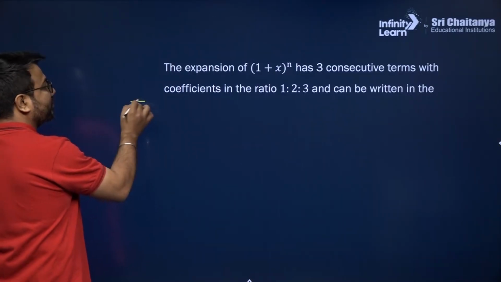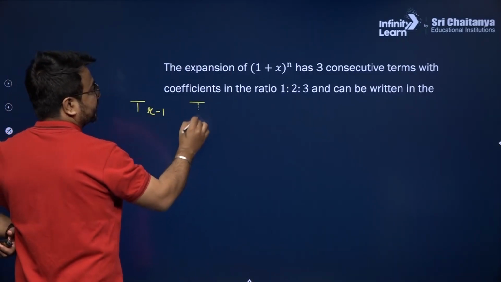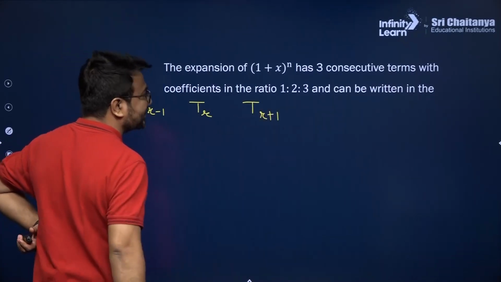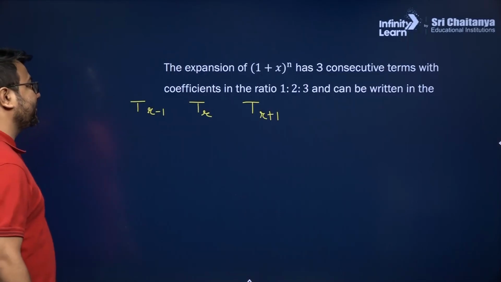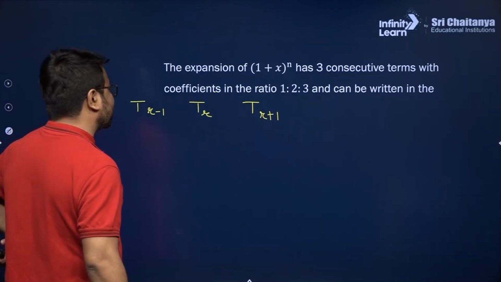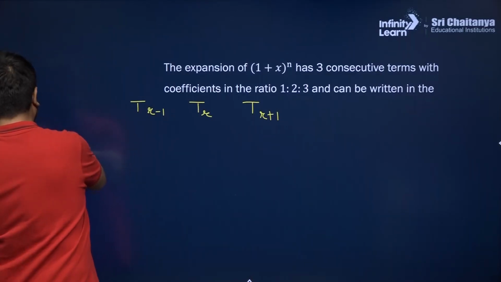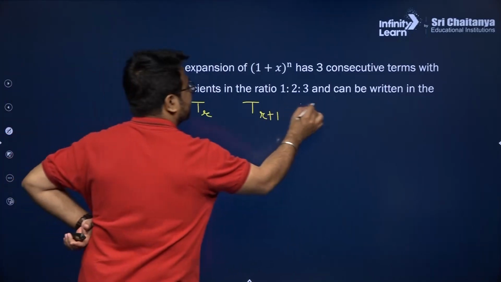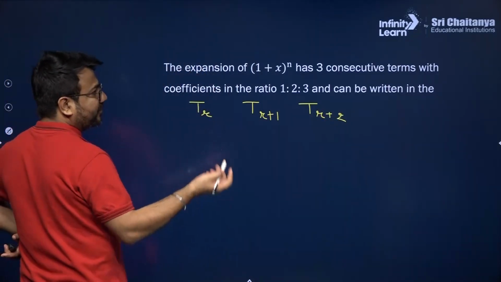So let us assume that the 3 consecutive terms are r minus 1, next is r, and the third one is r plus 1. These are the 3 consecutive terms. Now let us talk about their coefficients. Or I can also take tr, then tr plus 1 and tr plus 2. I can also take it in this way also. It's up to us which way we need to go.